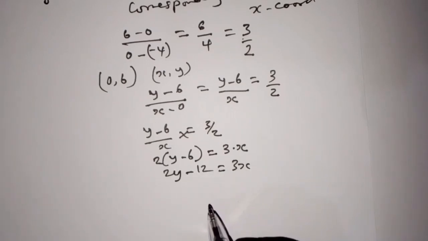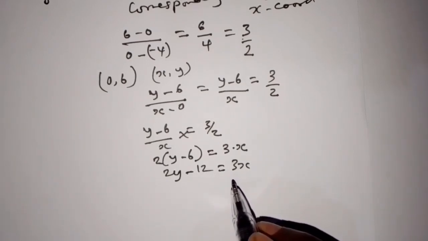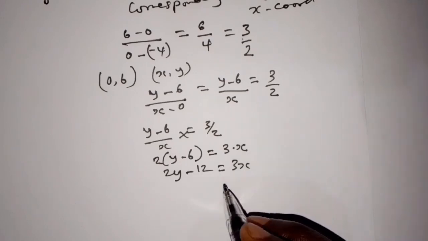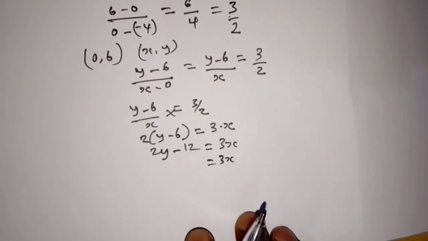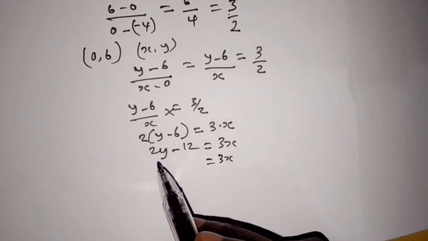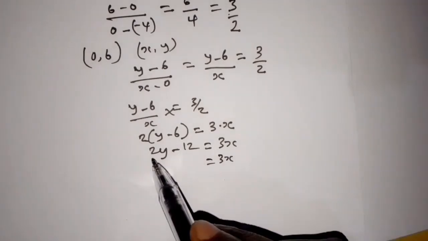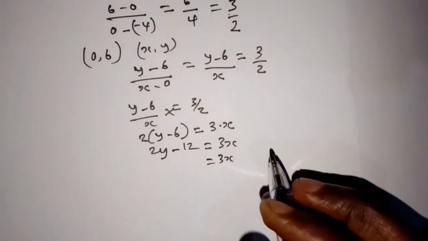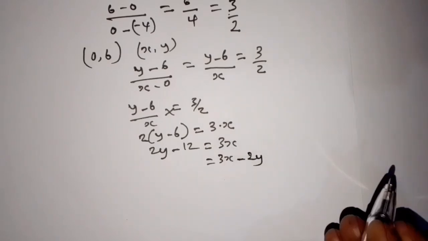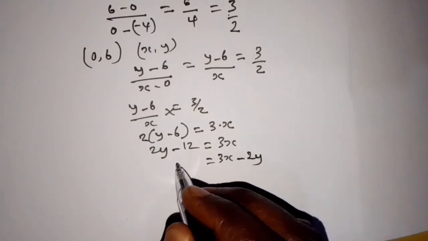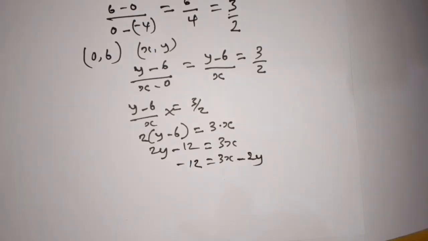Now this is 3x. We can bring positive 2y to the other side, it becomes negative 2y. Negative 12 is equal to 3x minus 2y.